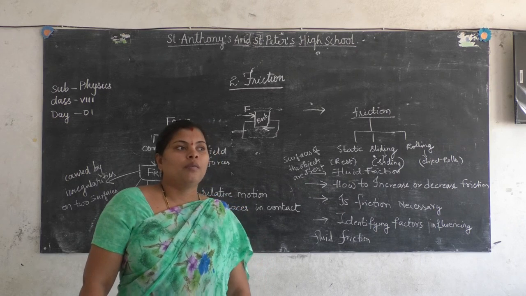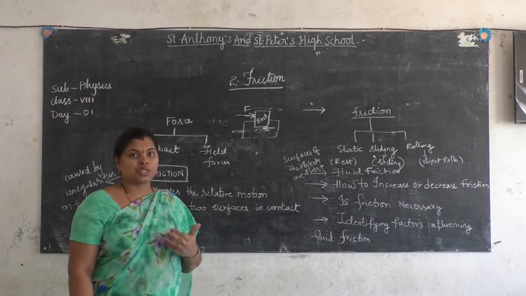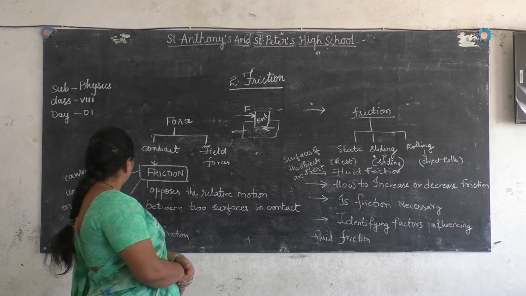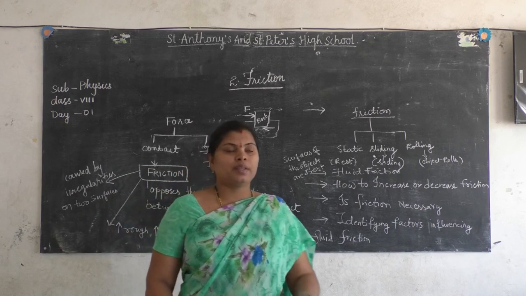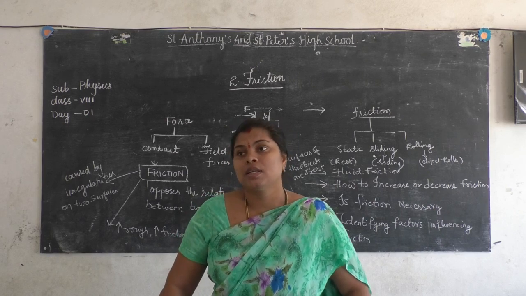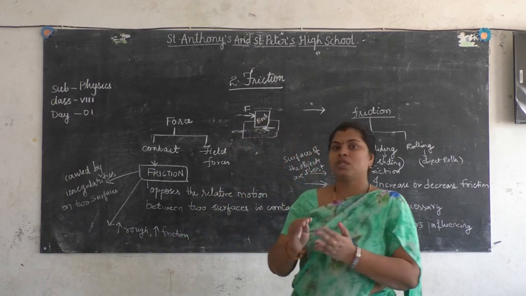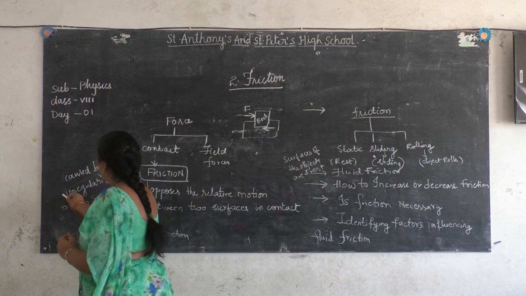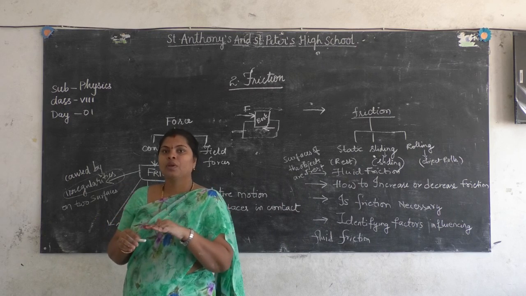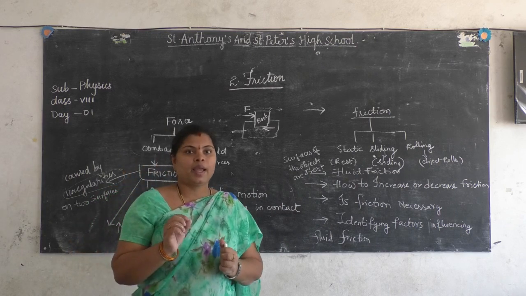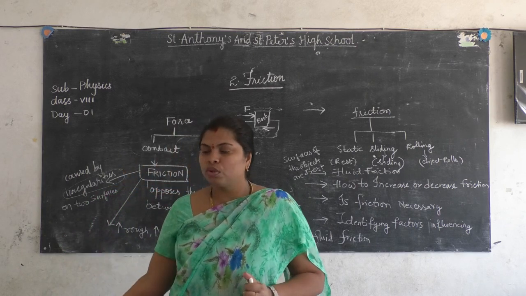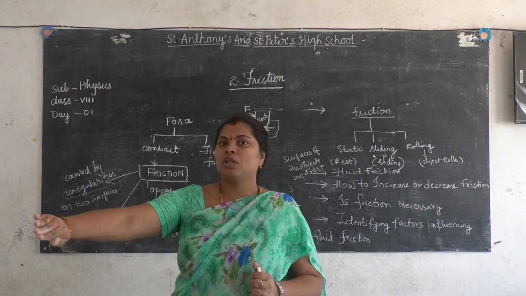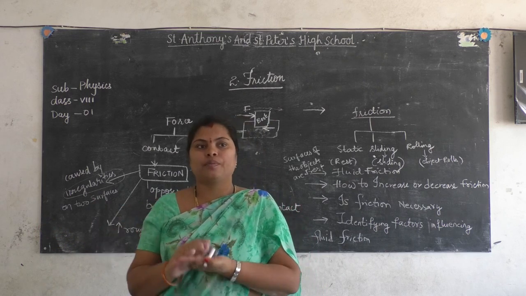So when the frictional force comes into action, usually it is caused by the irregularities on the two surfaces. For example, irregularities are nothing but ups and downs. See, if I take a marble and roll it on a smooth floor, it moves on the smooth marble floor.